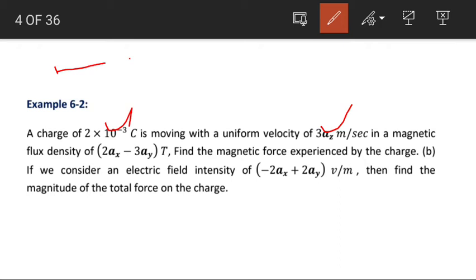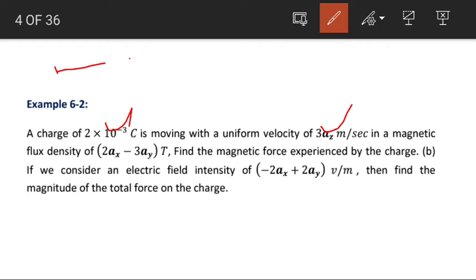Find the magnetic force experienced by this charge. If we consider an electric field intensity of minus 2AX plus 2AY volt per meter, then find the magnitude of the total force on the charge.